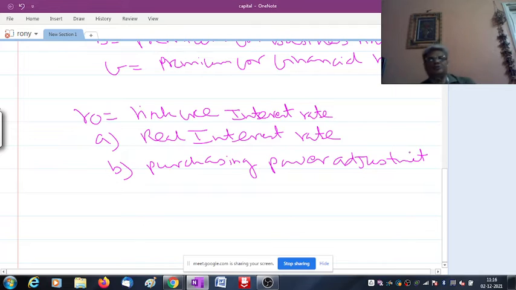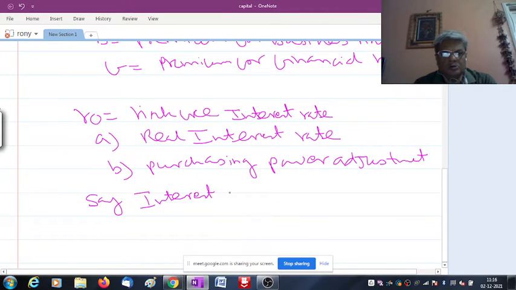Now, do you know this concept, real interest rate and purchasing power adjustment? If yes, say yes. If no, say no. No, sir. Okay, forget it. Say the interest rate now is 6% per annum. This is your current interest rate.